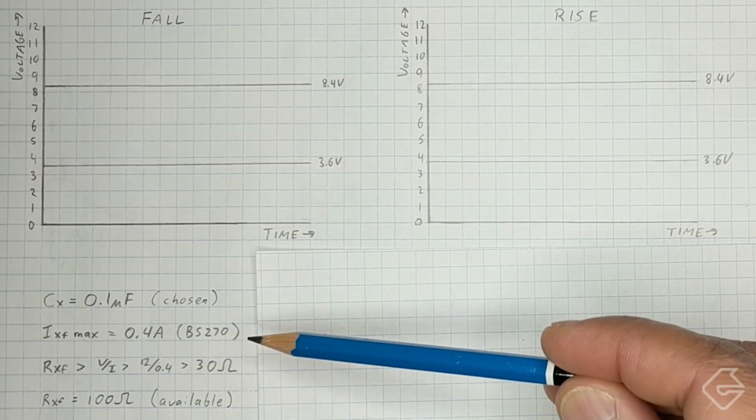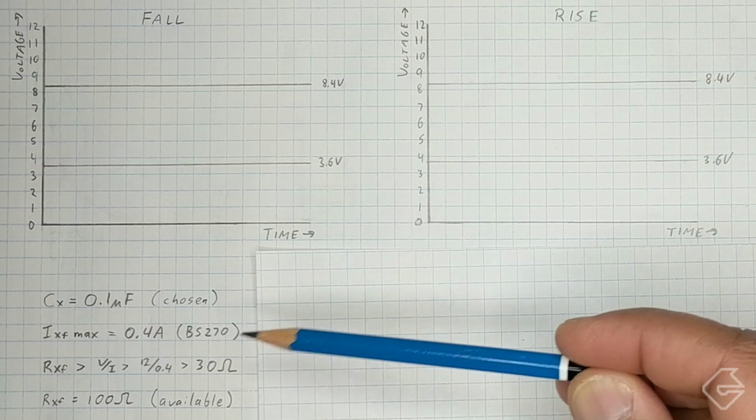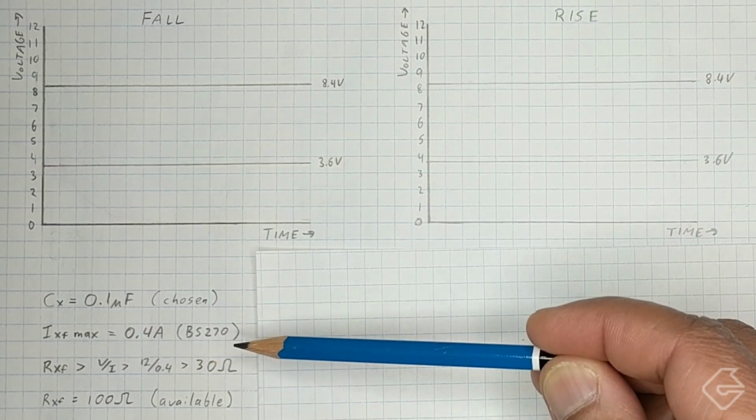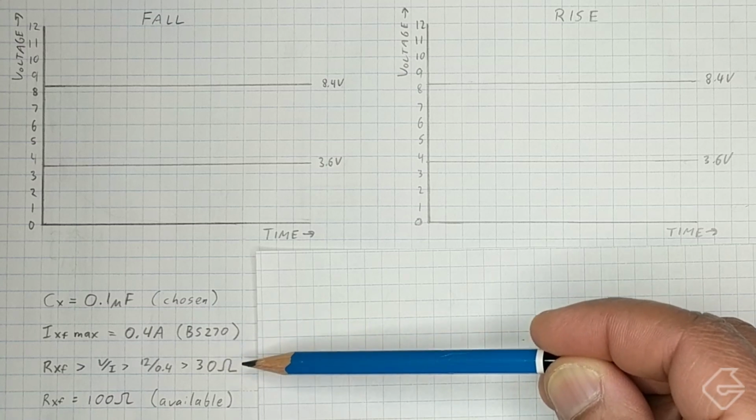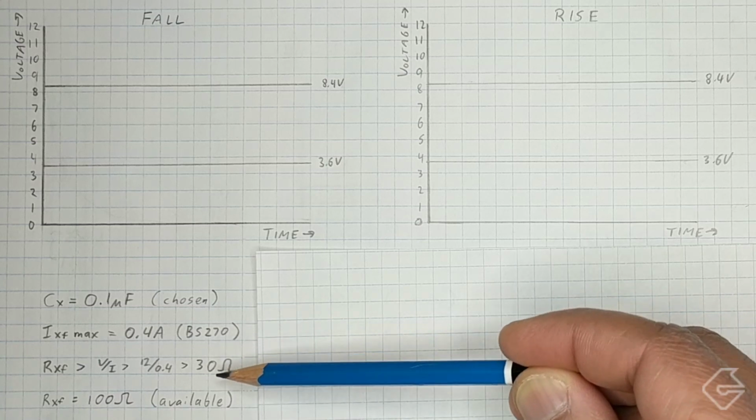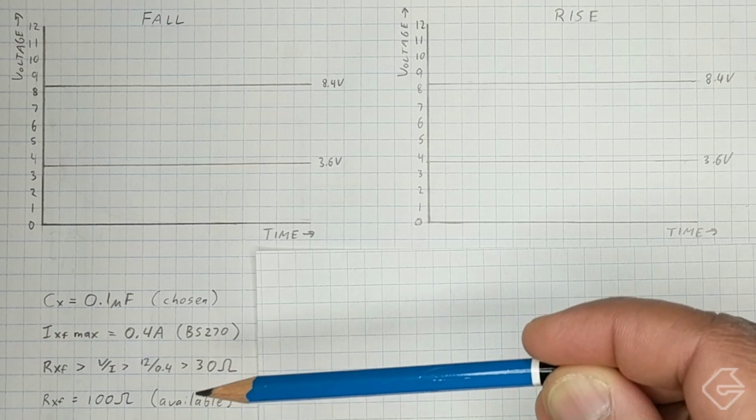The maximum current that we can do for IXF, which is the falling current, is 0.4 amps, based on the BS270 limitation. So using Ohm's law, we figured out that the resistor RXF needs to be greater than 30 ohms. Well, I don't actually have a 30 ohm resistor, and it does say it needs to be greater than to protect the equipment. So the next reasonable step up that I have lying around happens to be a 100 ohm resistor, so that's the one that I'm going to use.